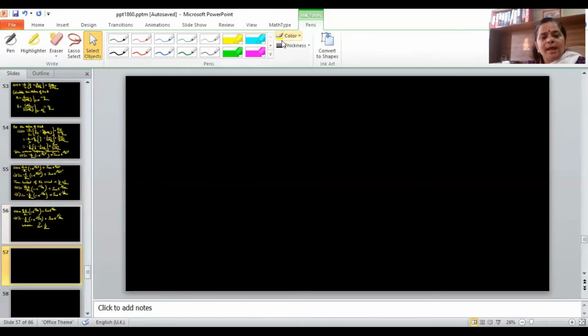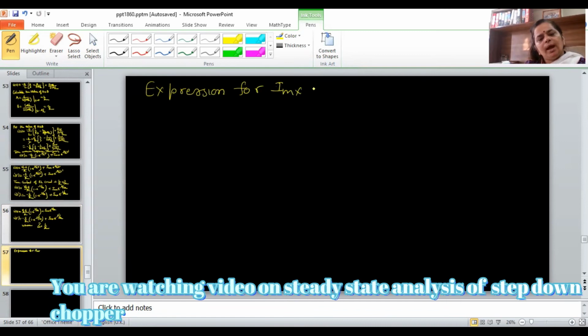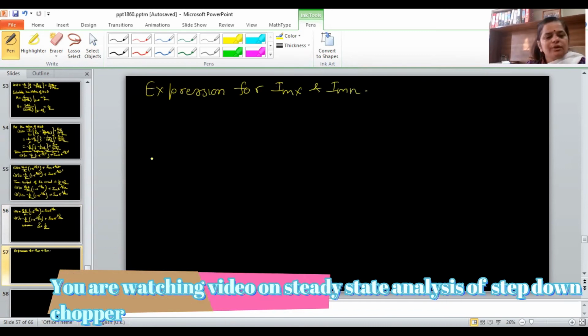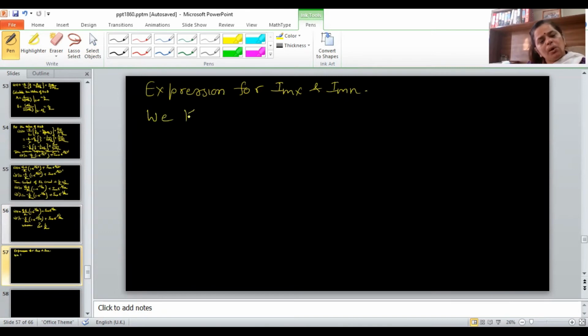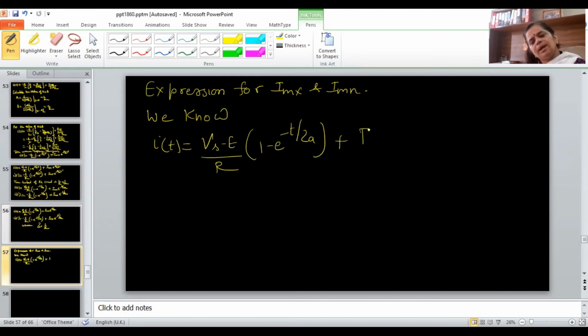So the next thing is the expression for I max and I minimum. For that we need to put some boundary conditions. We know that i(t) is equal to (Vs minus E) by R times (1 minus e to the power minus t by τ) plus I minimum e to the power minus t by τ.